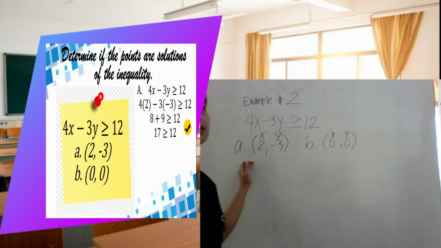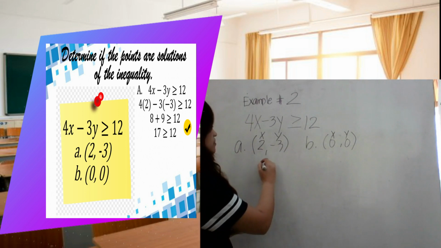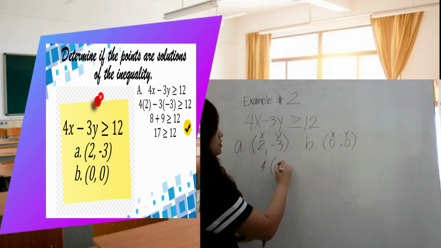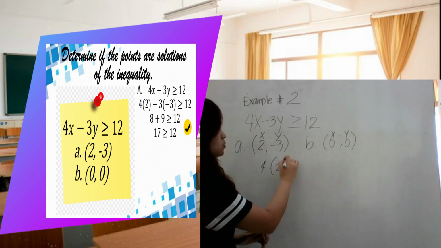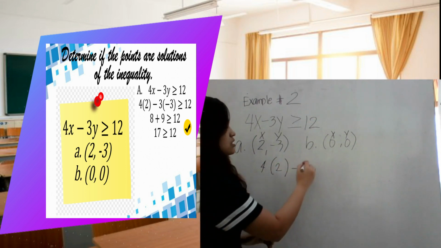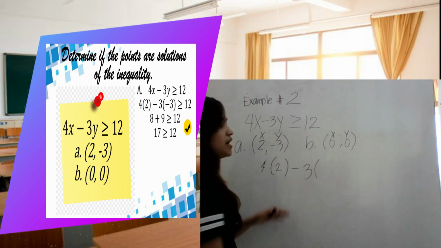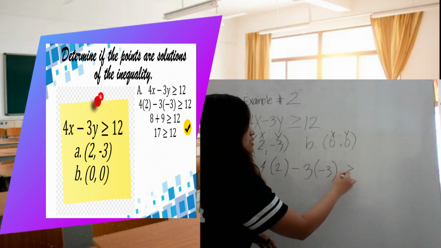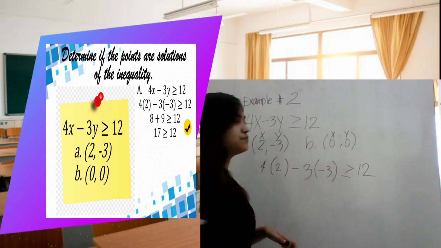Okay, dun muna tayo sa letter A, or yung point na coordinates (2, -3). So, substitute natin, we have 4 times, the x would be the 2, minus 3 times, what is the y? That would be negative 3, greater than or equal to 12.